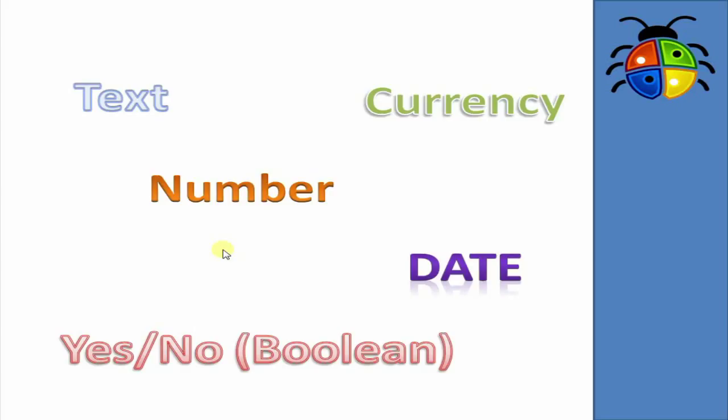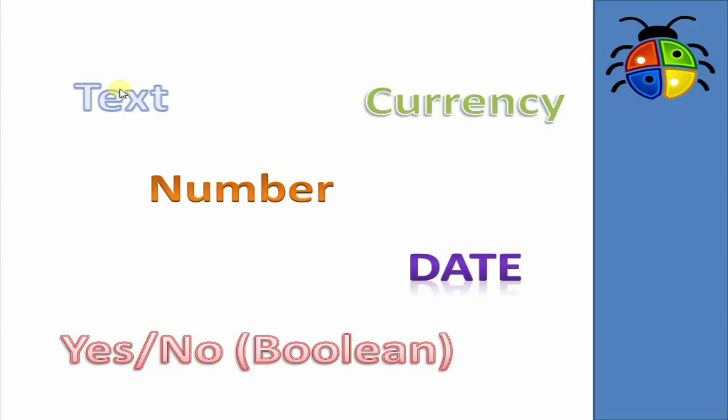But what if you had something like a phone number? Well, a phone number you can't really do any maths with that makes any sense in the real world. So a phone number, despite the fact that it is a number, we would usually store as text.